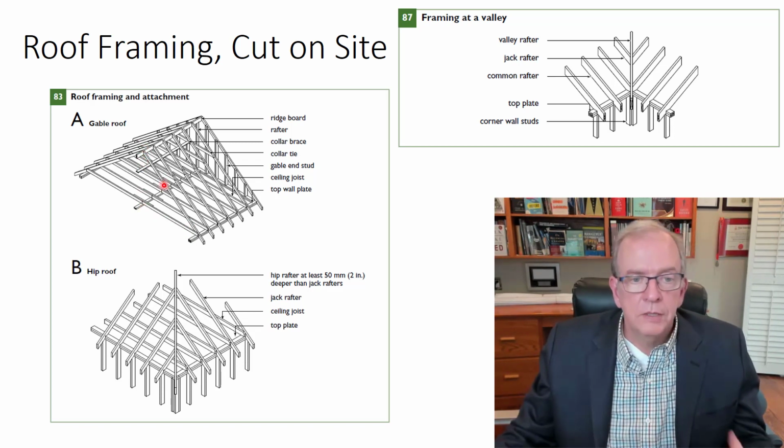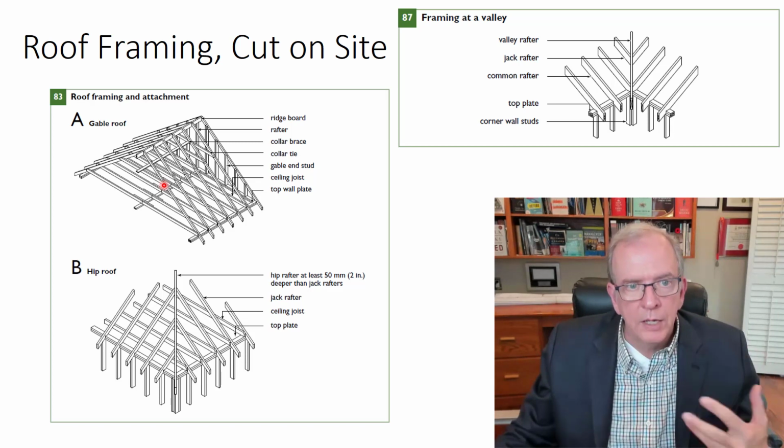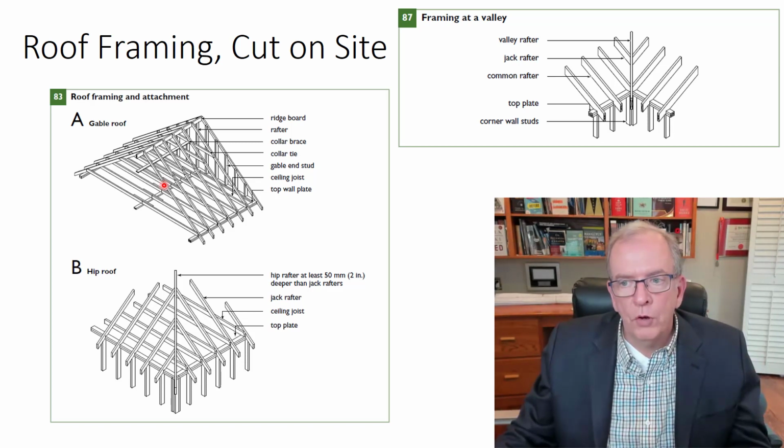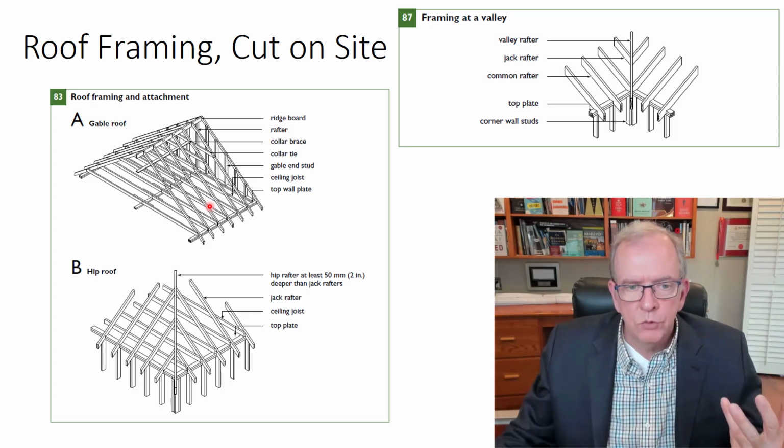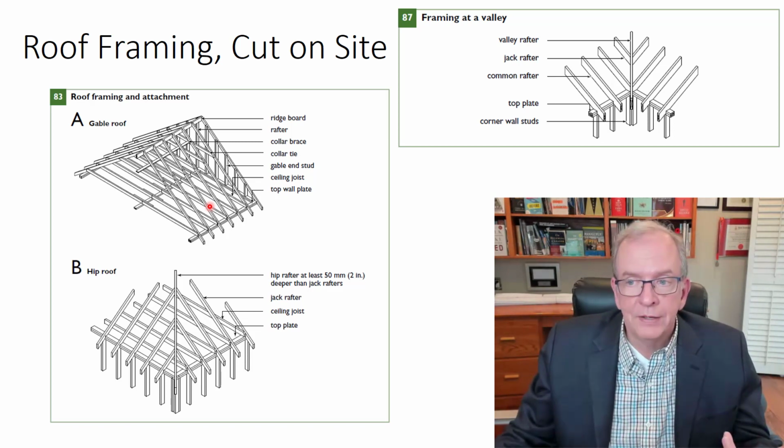So basically there's a lot that goes into cutting a roof on site. I have other videos, again, under my residential construction playlist that I go into that in more detail. But you really have to know what you're doing as far as laying out a cut roof to do it efficiently, to do it effectively.